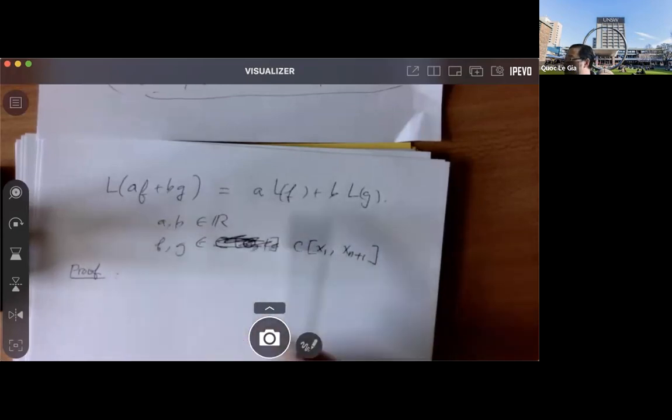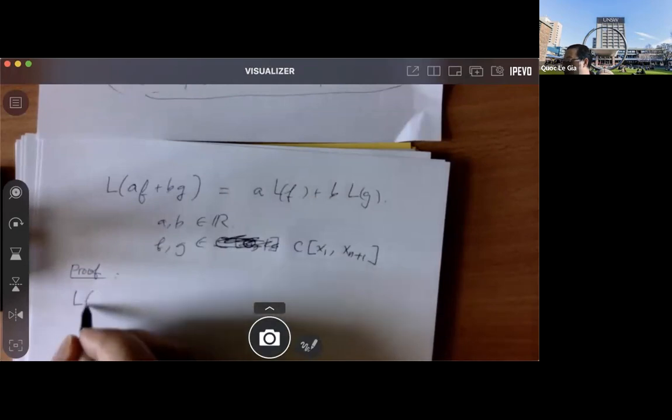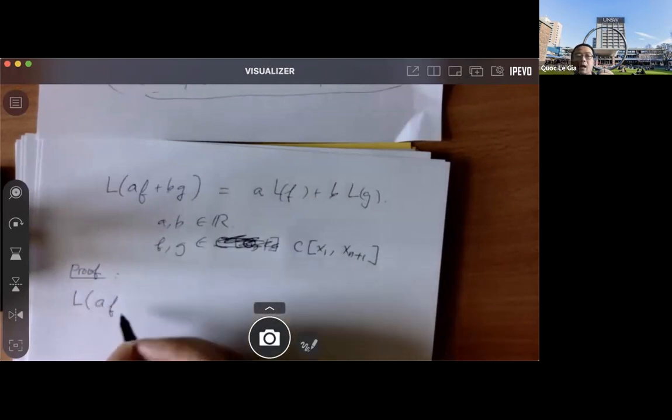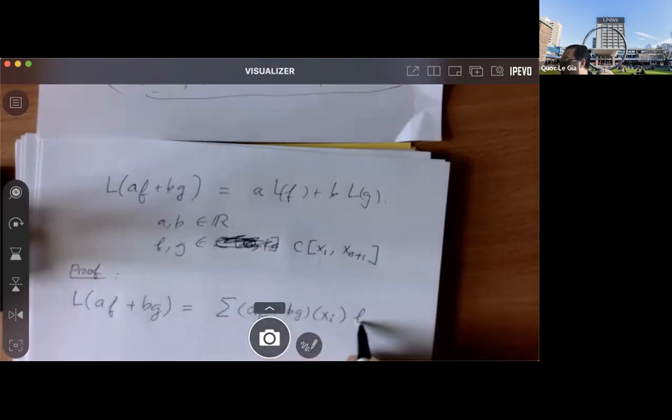So then this is the linearity we want to prove. So now we go back to the left hand side, right? And now by definition, L of this function is just this function you apply at the point xi, multiplied with Li.